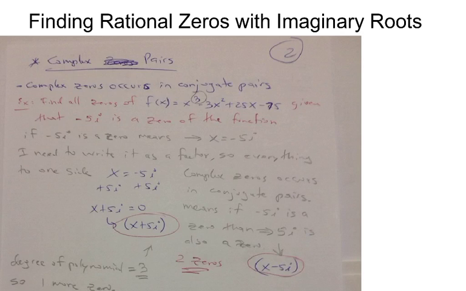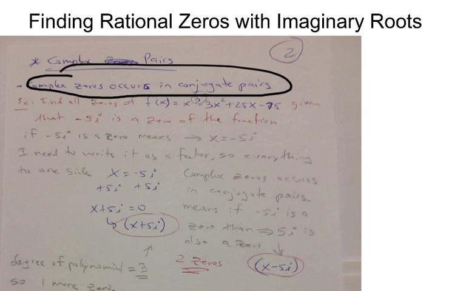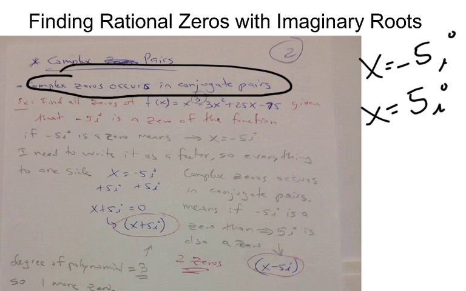Like I put over here, it says all complex zeros occur in conjugate pairs, which means if you have one root that is x equals negative 5i, the pair will be the positive 5i.